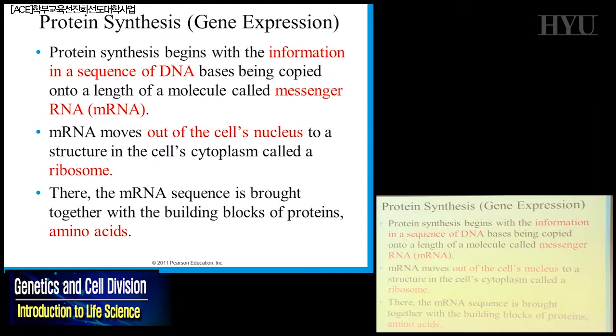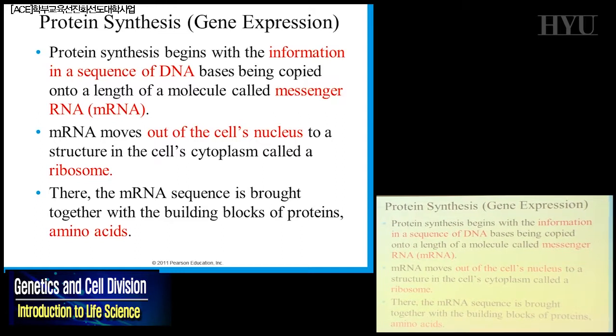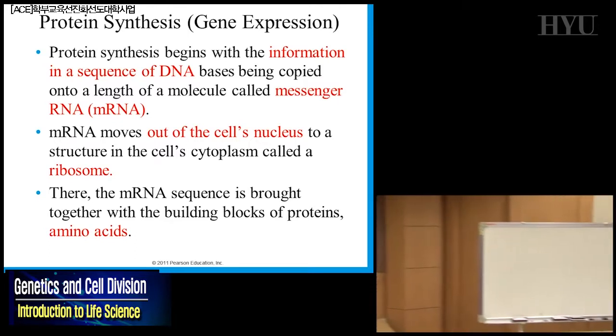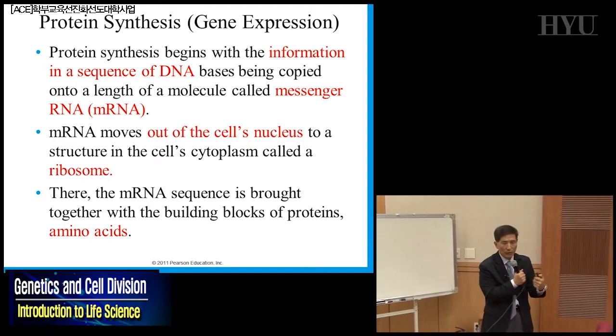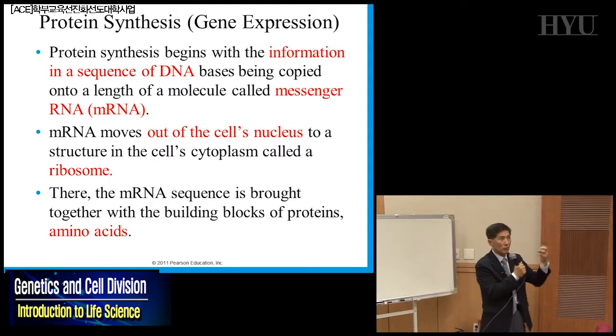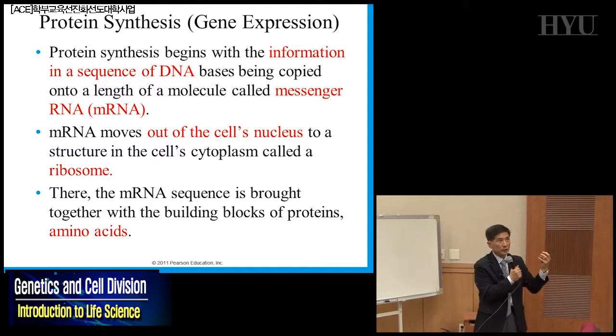You can use it, you can get rid of it, but DNA is the stored information. So messenger RNA comes out of the nucleus, because we keep the DNA inside the nucleus, right? Where do they go? They go to the place called ribosome. That's where they make protein.